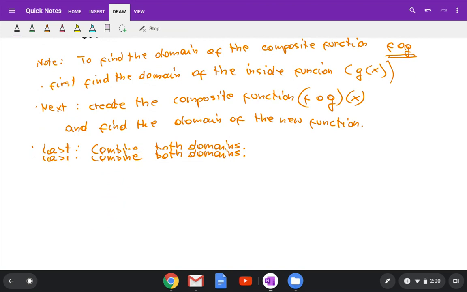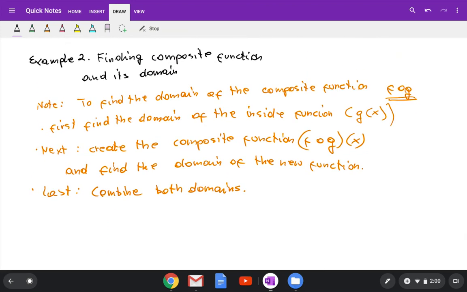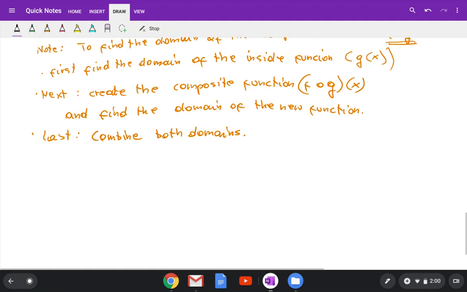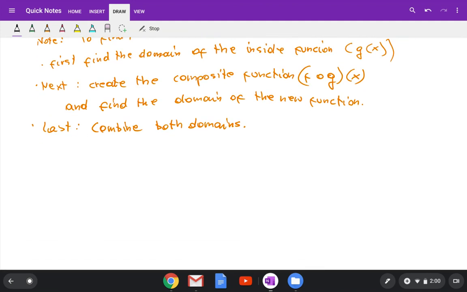So in this example, this is example 2 about finding composite function and its domain. I'm going to give you function f of x, which is equal to x squared plus 3x minus 1, and g of x, which is equal to 2x plus 3. So this is an easy example.